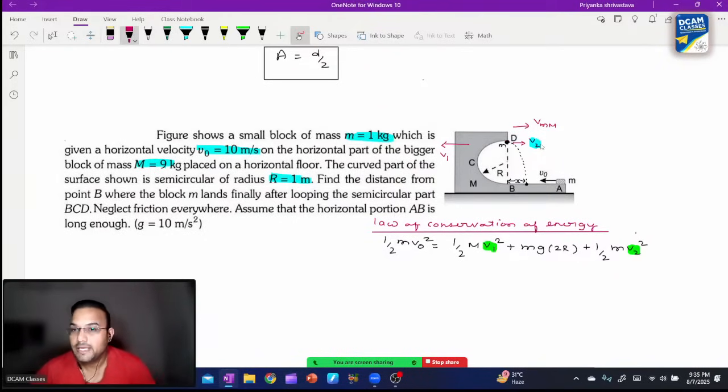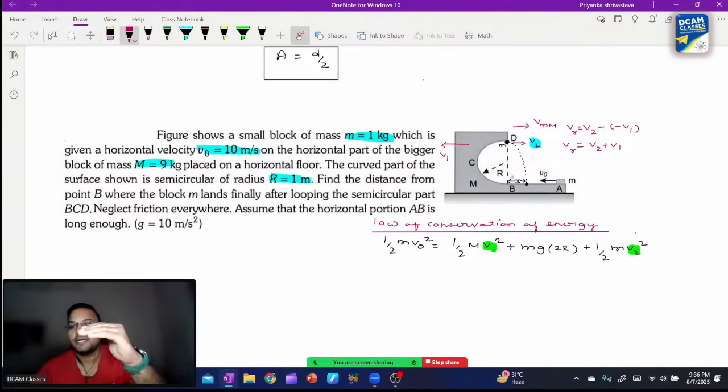If you find v2, the absolute velocity, then for finding the range you will use vr, the relative velocity, because then only you will be considering that capital M block is stationary.